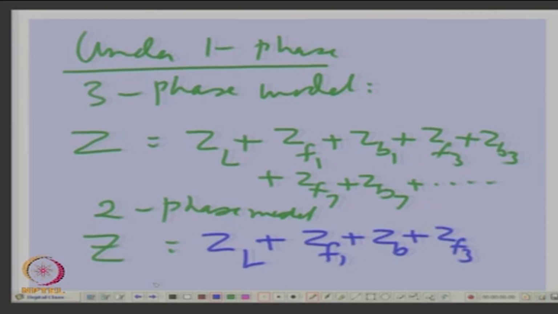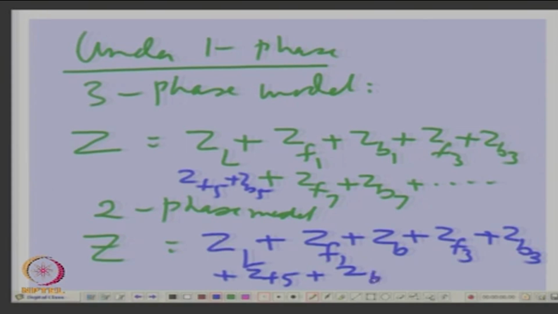Where is it available now, positive or negative sequence? Negative sequence, and ZB3 will be in positive sequence. I think we had to write ZF5 also. Then ZF5 is also available in one of the sequences, which one, plus ZB3. So, ZF5, ZB5 plus ZF7 plus ZB7.